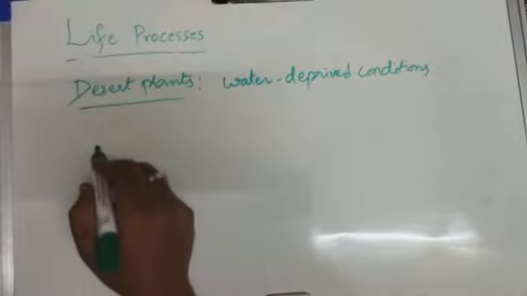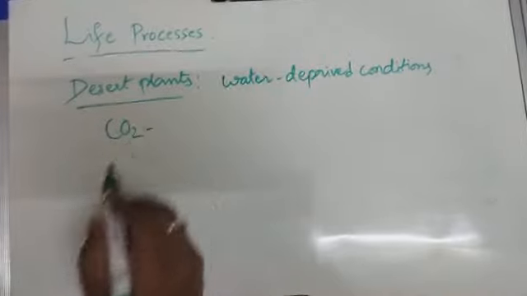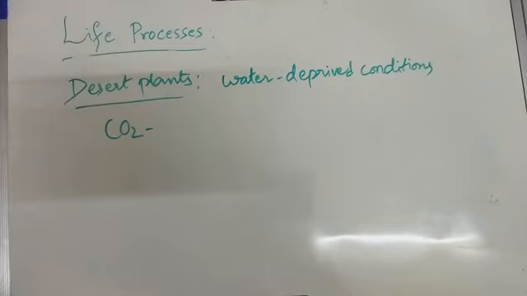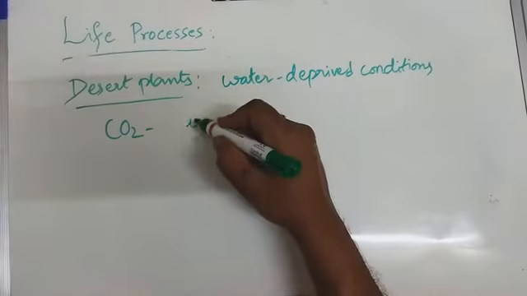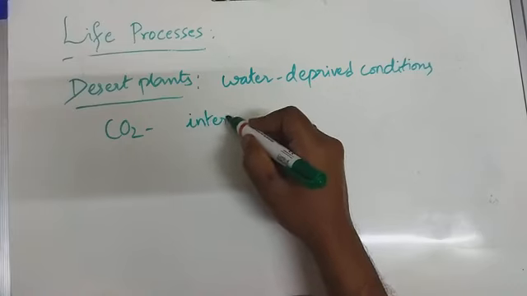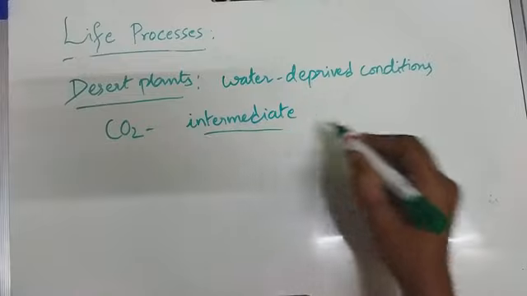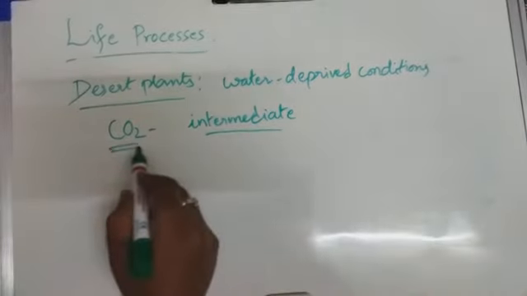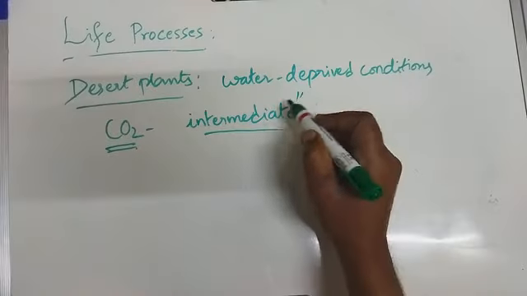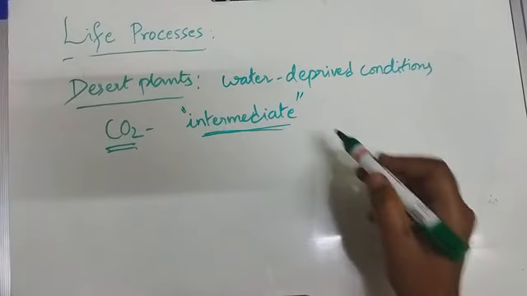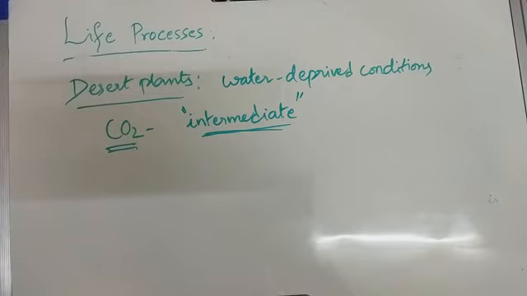So the CO2 that is taken during the night time is converted into an intermediate form. Why? Because CO2 is unstable, because it is a gas. So it is converted into a stable intermediate form.